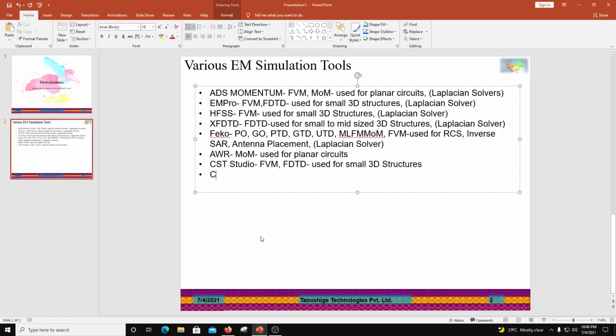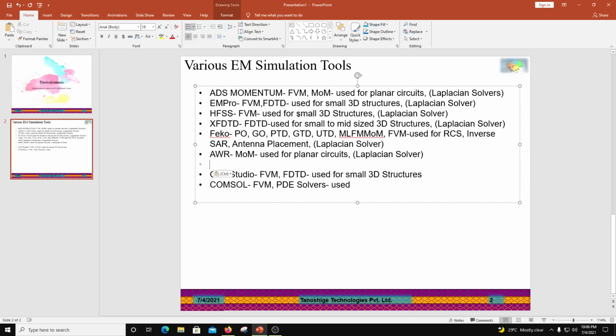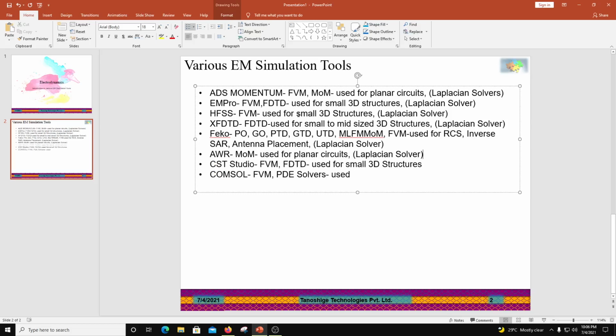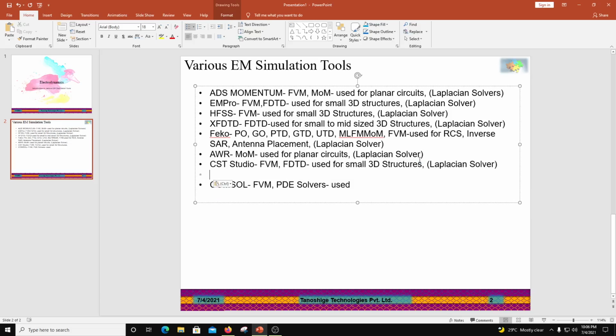COMSOL can do classical FVM. Then it has got PDE solvers, and this one can be used... So this is also Laplacian. So all these are Laplacian solvers, which means no charges.